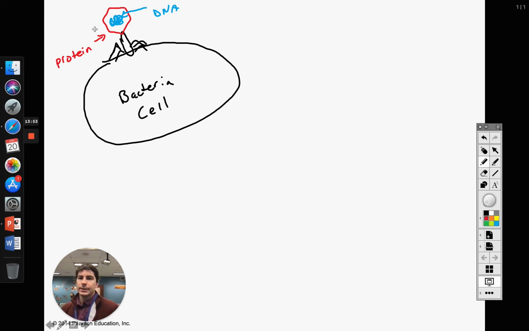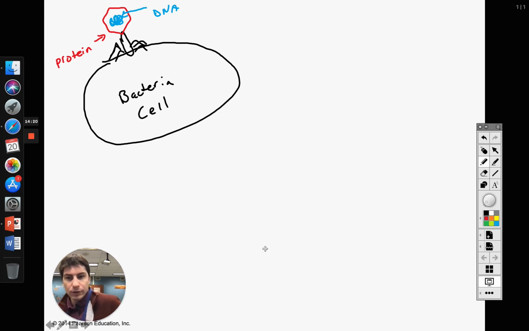So what they did was they fluorescently dyed parts of the bacteriophage here, or I'm sorry, the virus, and they dyed the protein with a different isotope than the DNA. So what they did here, guys, is they used two different isotopes. They used sulfur, and they also used phosphorus.